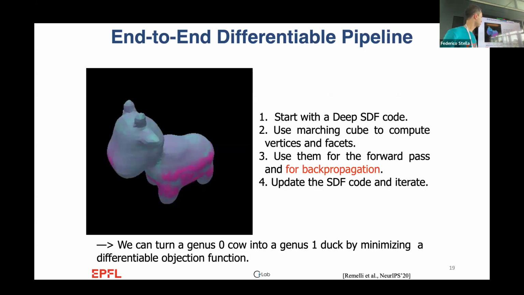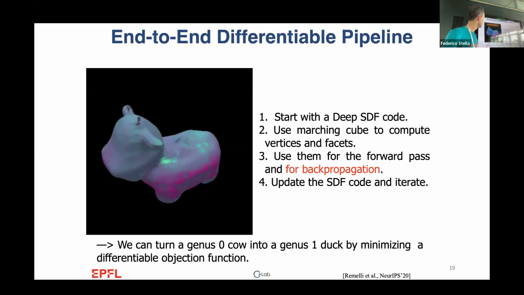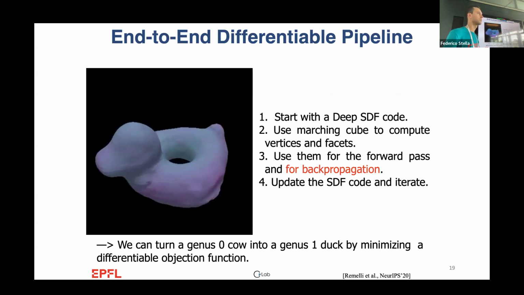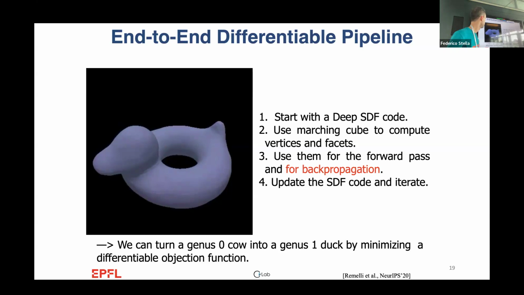In this case, we wanted to change the topology of this from this genus 0 to genus 1. We can. Okay. It's not a big deal. For implicit representation, this is very easy. There you go. And marching cubes is not really differentiable. I kind of skipped this step, but there's a way to differentiate through it anyway.